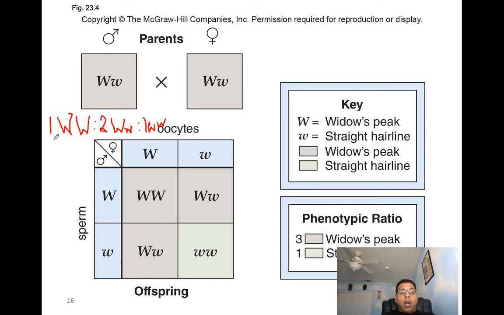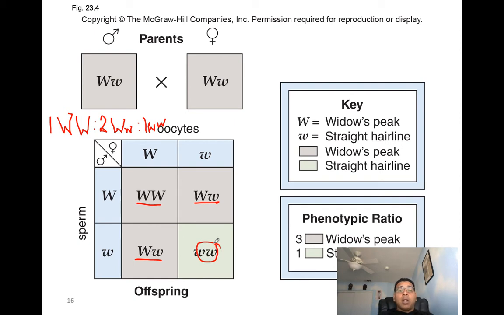Again, 1 capital W capital W, which is homozygous dominant, we got from here, right? To 2 heterozygous offspring, which are marked here. Then our 1 homozygous recessive, which we see right in here.